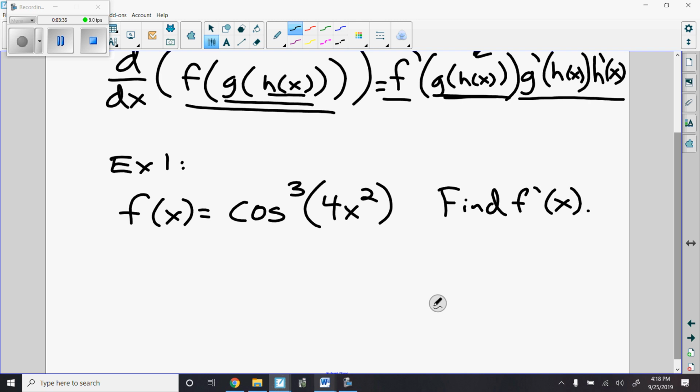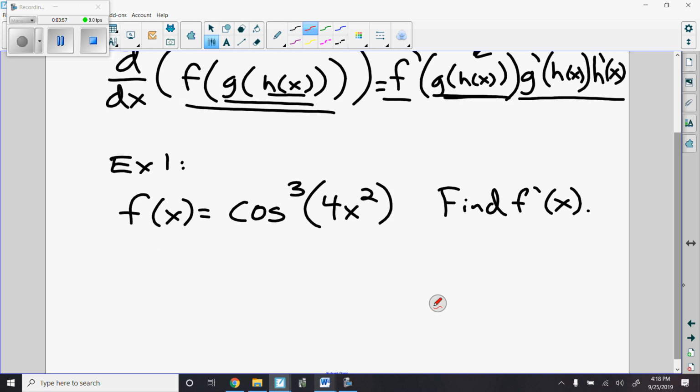Okay. So here we see a composition of 3 different functions. One thing that can help here is to rewrite f of x so we can really see our innermost and our outermost and our in-between.